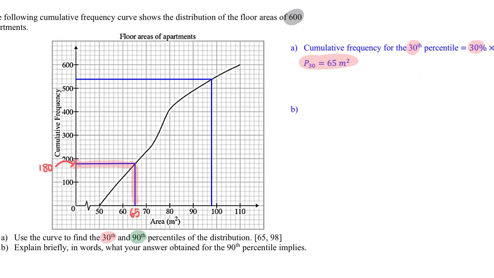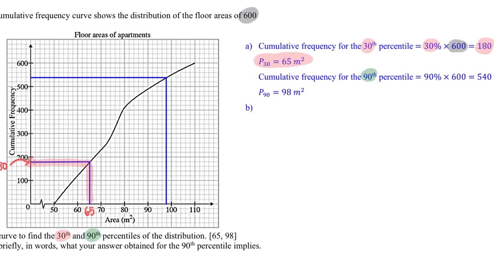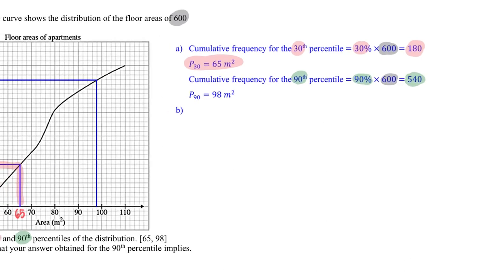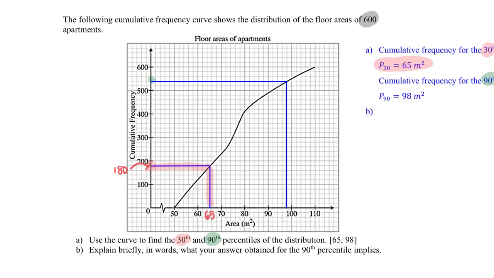Next, it will be the 90th percentile. And so, for the 90th percentile, again, I'm going to repeat it. I need to know the position on the cumulative frequency. So 90% multiplied by 600 gives me 540. That's not the answer, but that is merely my position.